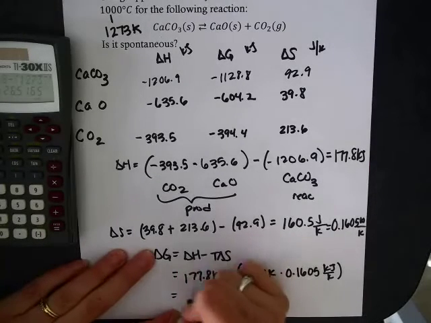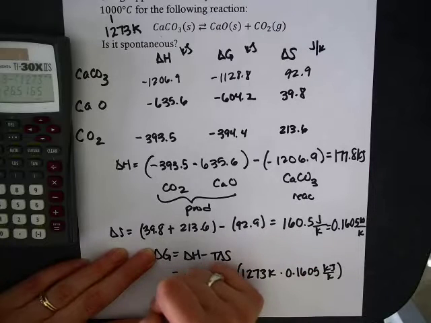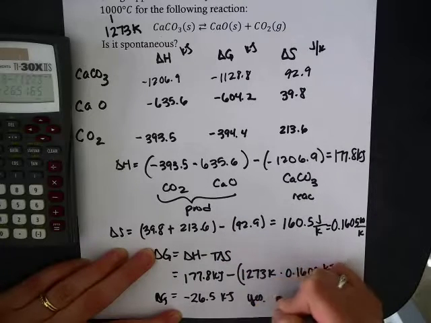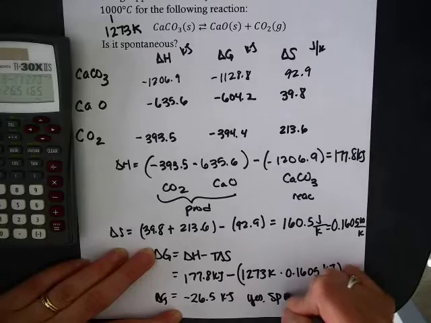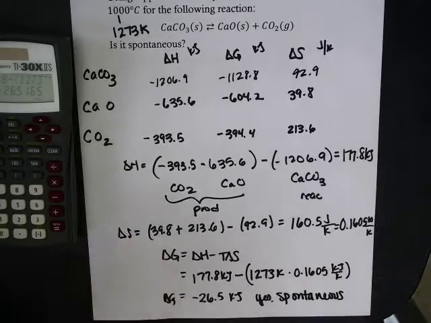Put that all in. I get a negative 26.5 kilojoules or kilojoules per mole. And then I can conclude that's the answer for the delta G part, and I can conclude that yes, this is spontaneous because my delta G is negative.